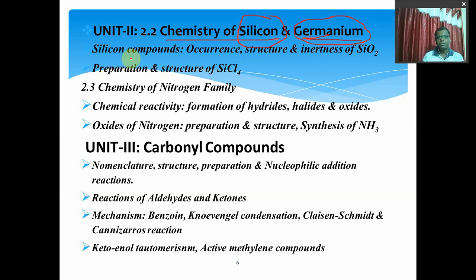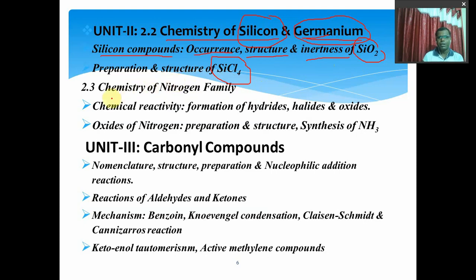But in this topic, which is based upon inorganic chemistry, you will discuss the compounds containing silicon, their occurrence, how they occur in nature, what the structure of silicon compounds is, and their reactivity. These are generally inert, so they show inertness, that is SiO2. Again, preparation and structure of SiCl4. These are the important topics given to you for study in SYBSc under the chemistry of silicon and germanium.